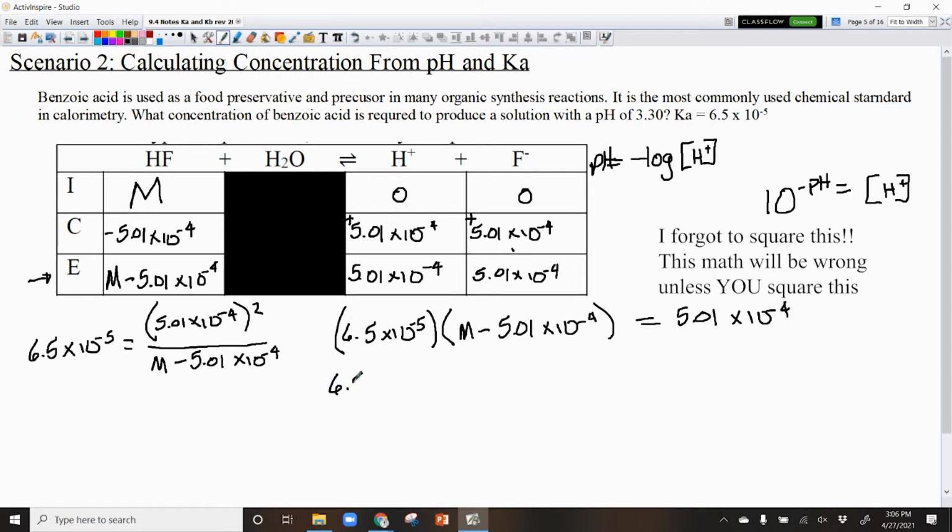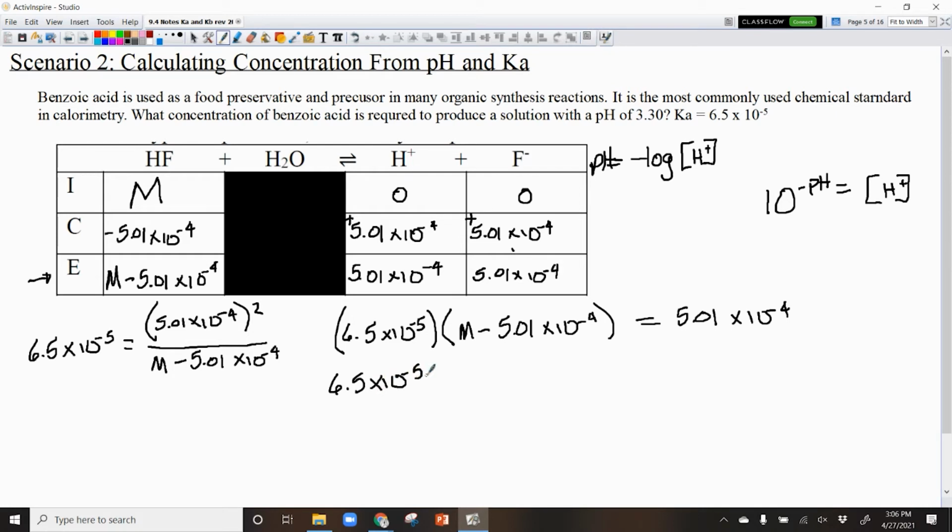Okay, so we're going to get 6.5 times 10 to the negative 5th m. This times this is negative. Okay, and so we have 6.5 times 10 to the negative 5th times 5.01 times 10 to the negative 4th. So we're going to get 3.2565 times 10 to the negative 8 is equal to times 10 to the negative 4th.